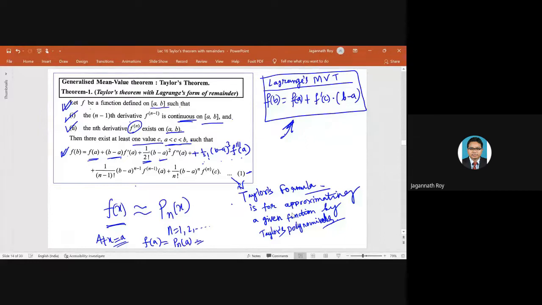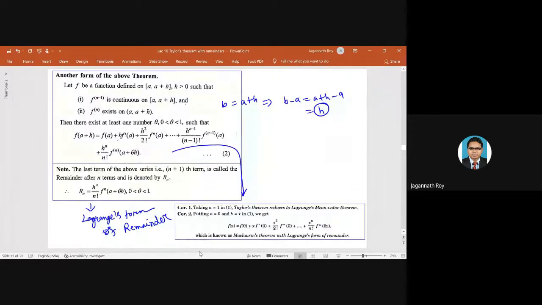So these values are actually equal. This is the main idea of Taylor's approximation, and this expression is known as Lagrange's form of remainder. So we'll write what the remainder term is. For that we need some other expressions.